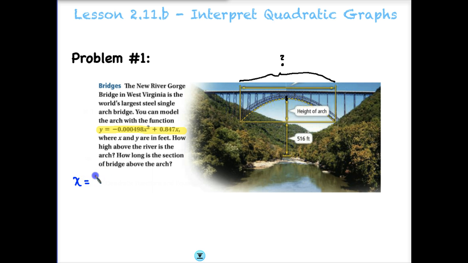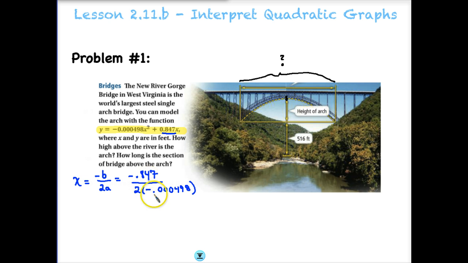Remember that it's negative b over 2a. We said that our b value was 0.847, so we'll say negative 0.847, divided by 2 times our a, and our a value is negative 0.000498.